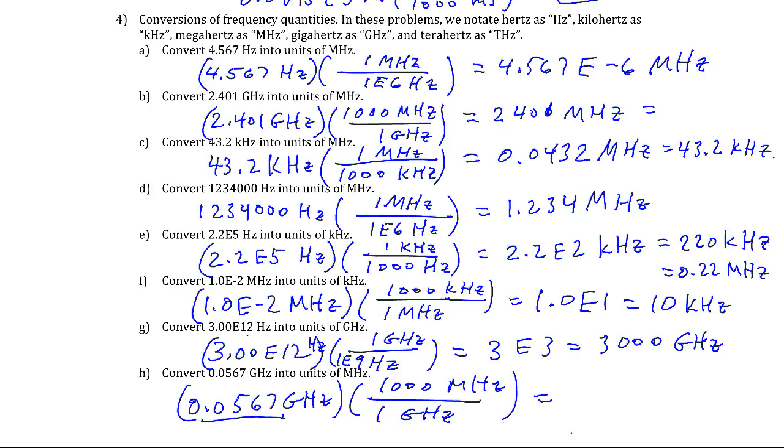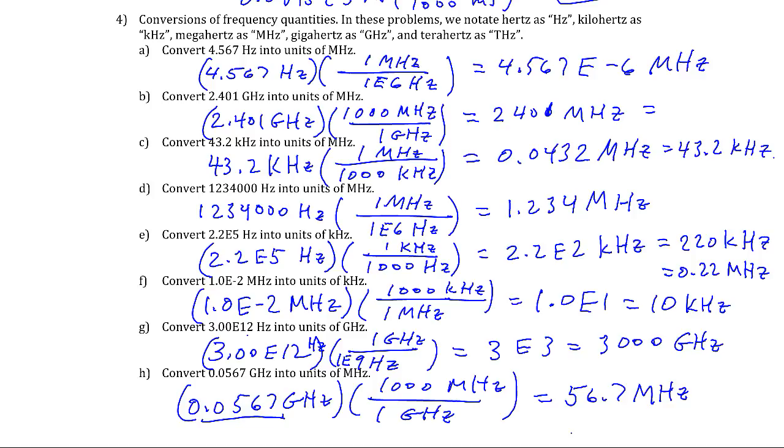But 1,000 times that thing is easy because I just move the decimal place over 3 spots. 1, 2, 3. 56.7. I'm sorry, no. Gigahertz units have canceled here. And the whole point of doing this is that we're not taking the answer in gigahertz, but we're putting it into megahertz.